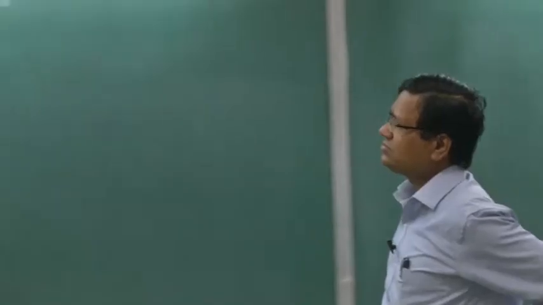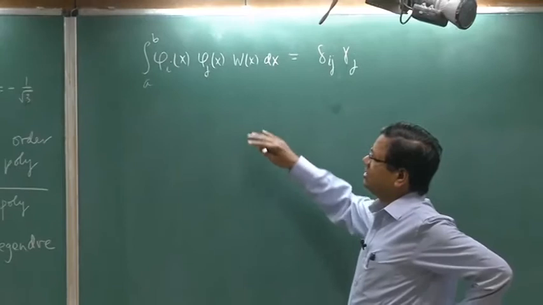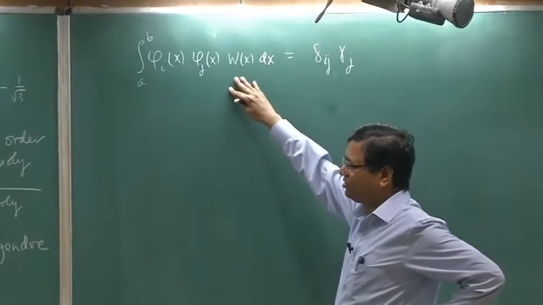W(x) we keep separate, it is convenient. Not always is W(x) equal to 1, and you do not absorb it into phi(x). Okay, so this is orthogonality.